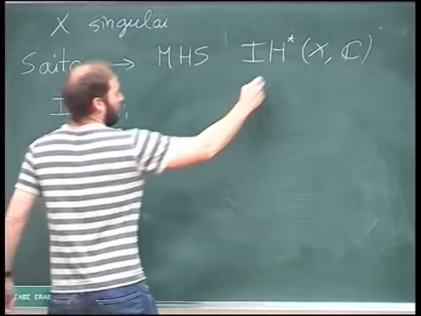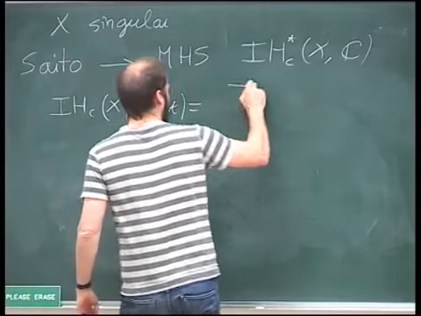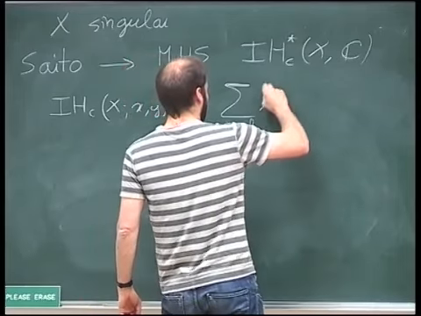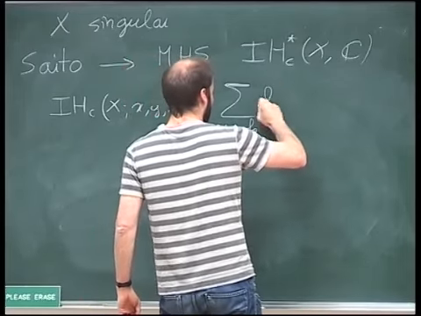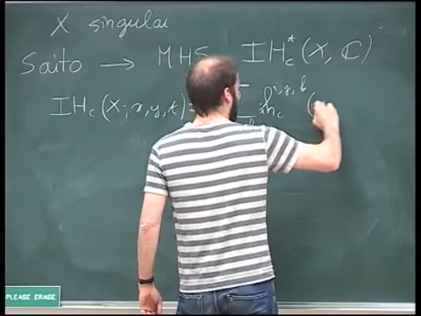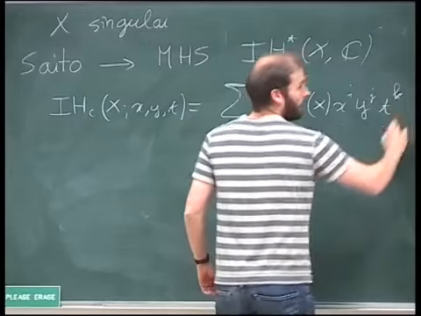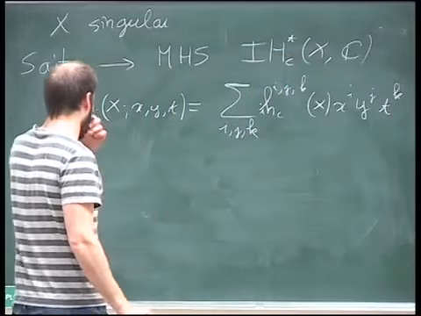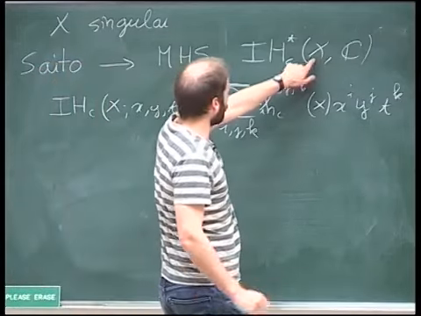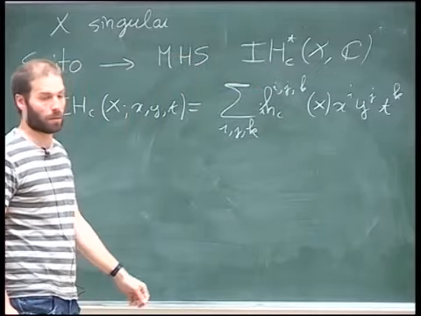I use a compactly supported one directly. So H_c(X; x, y, t) will be the sum of the mixed Hodge numbers of the intersection cohomology, times x^i, y^j, and t^k. Of course, if X is smooth, then it's the same mixed Hodge structure as the one of the link.